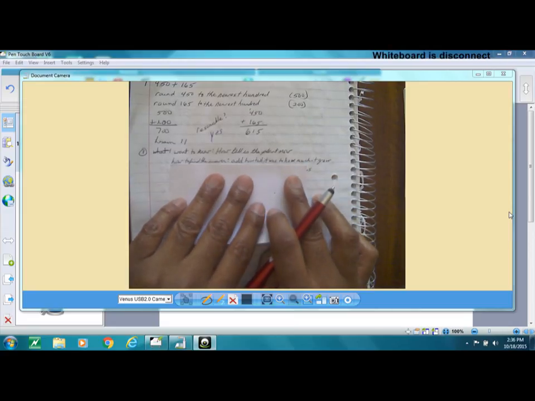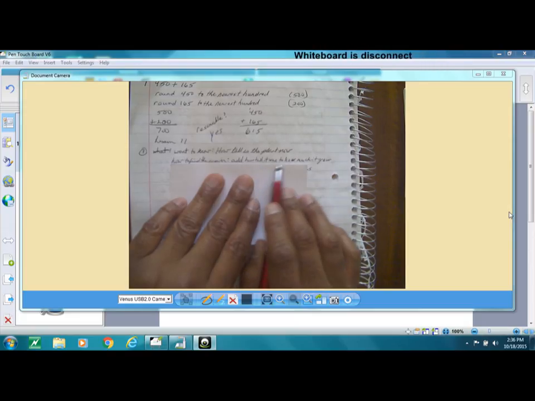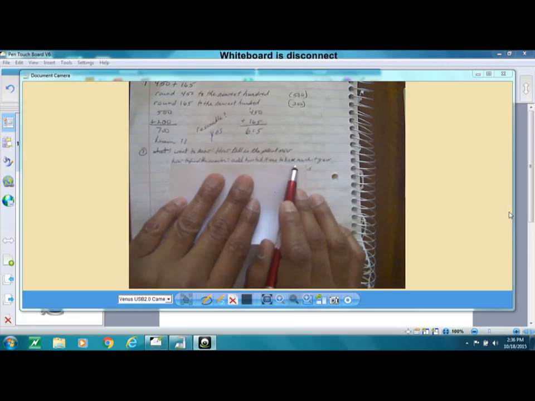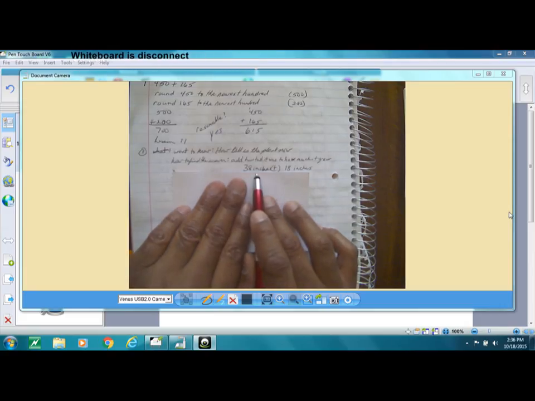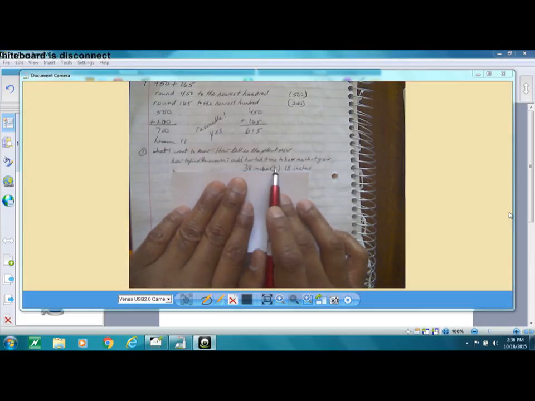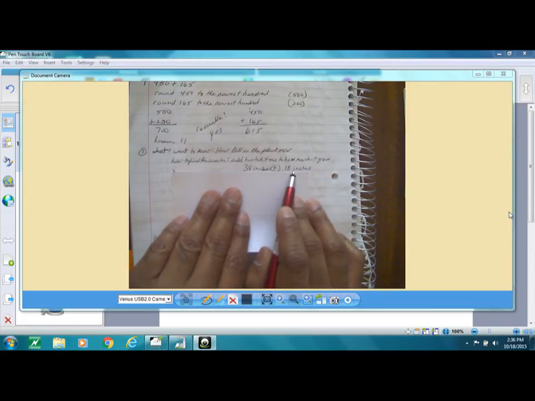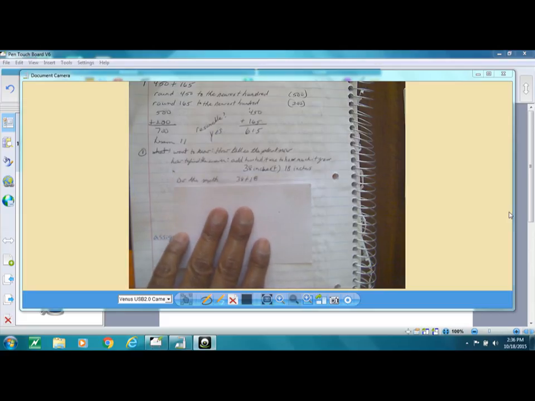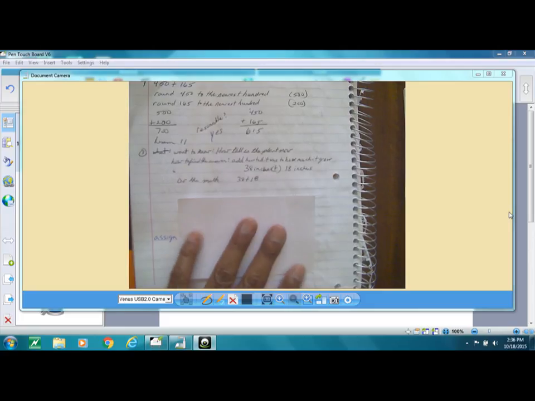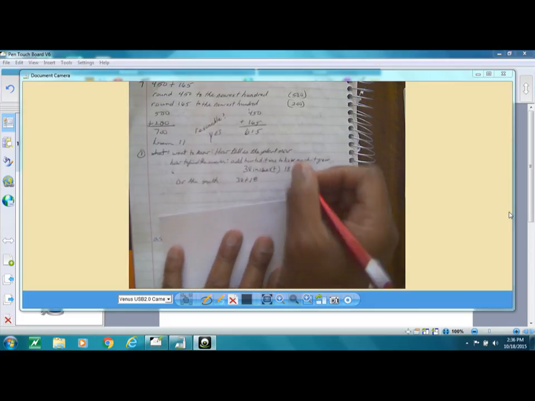You're going to add those two numbers together, how tall it was plus how much it grew. So that's 38 inches is how tall it was, plus 18 inches is how much it grew. You would set that up. That's 38 plus 18.